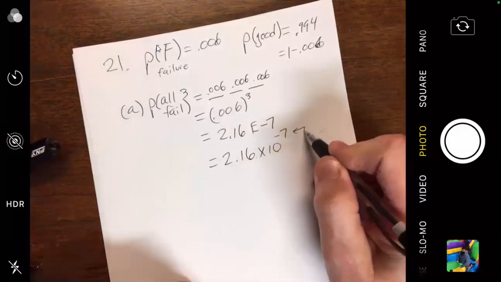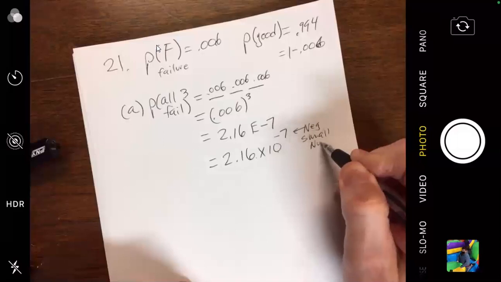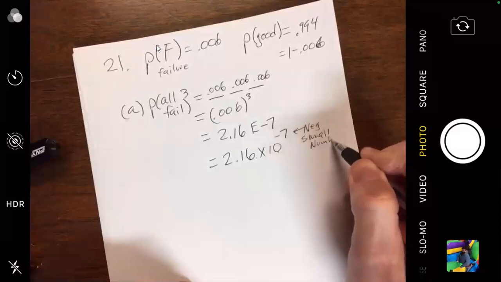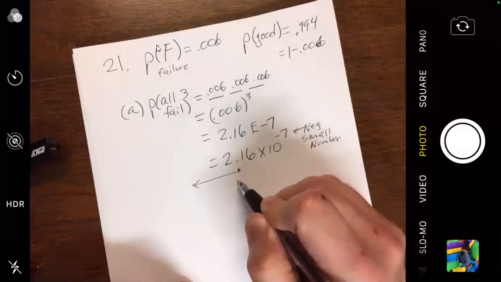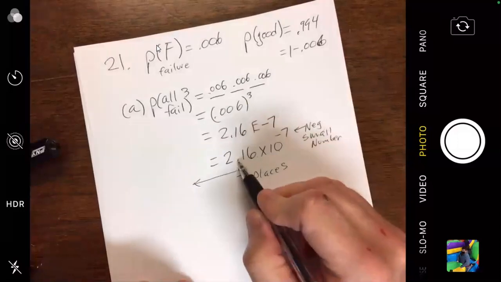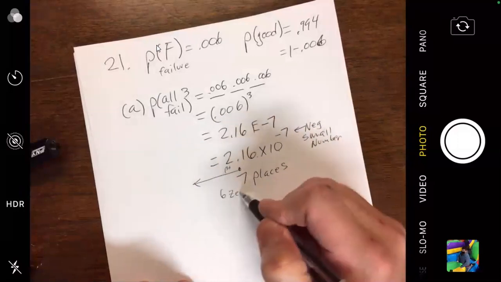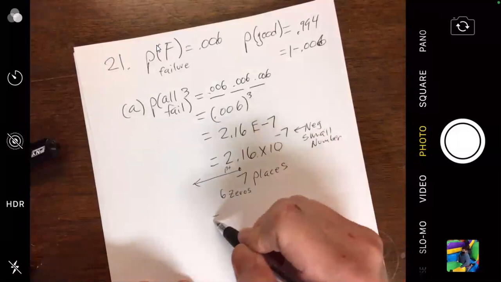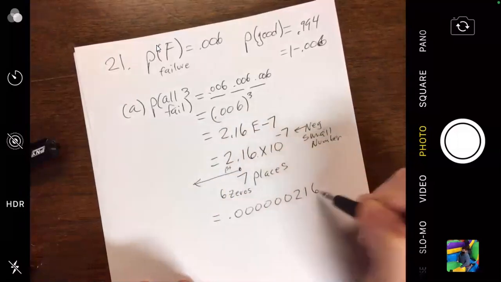Since this is negative, this is a small number. And I move the decimal place left 7 places, one of which is the 2. First one's the 2. So I need 6 zeros. 1, 2, 3, 4, 5, 6, then 2, 1, 6.